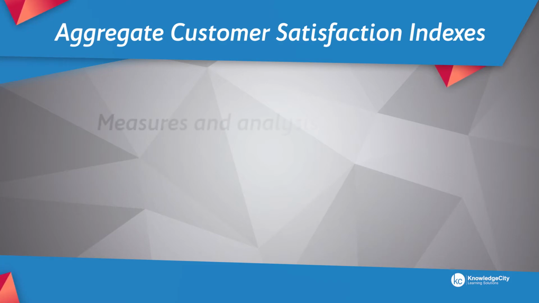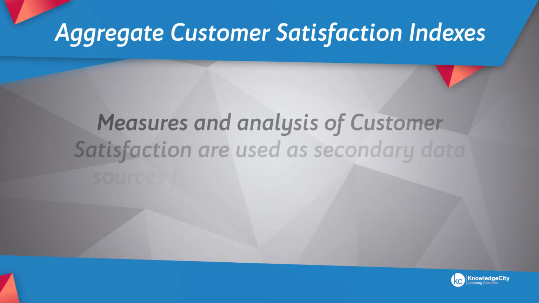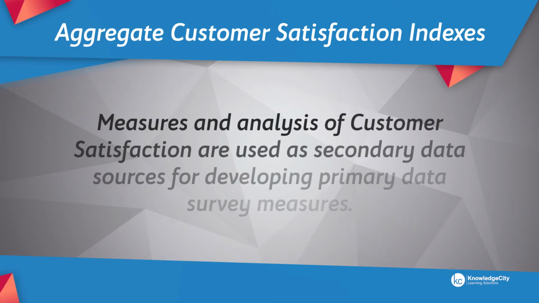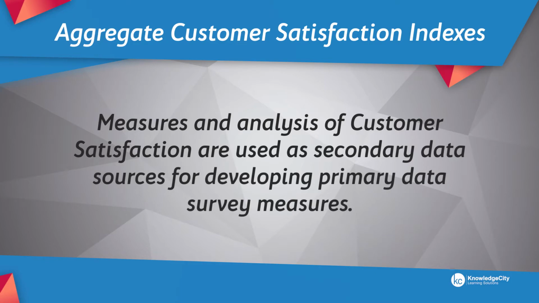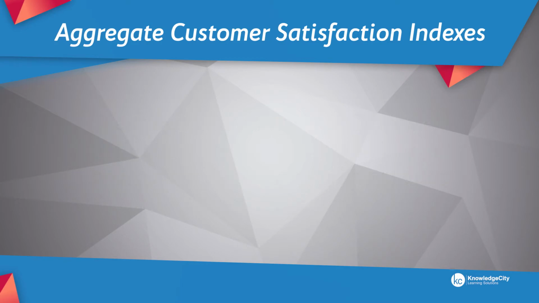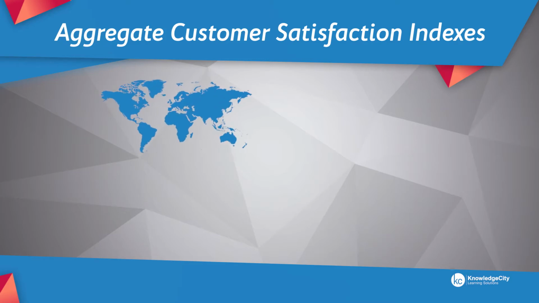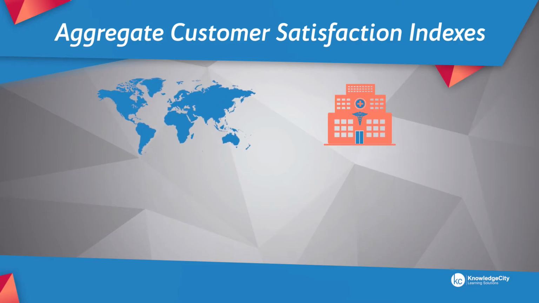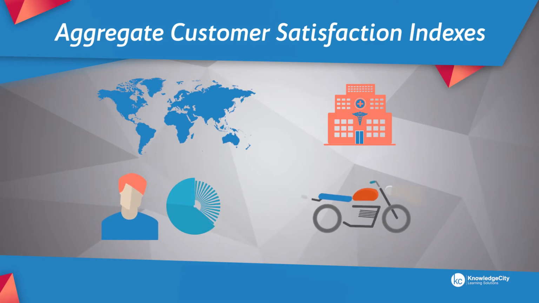Often, aggregate measures and analysis of customer satisfaction are used as secondary data sources for developing primary data survey measures. These widely accessible indexes can aid with comparative benchmark analysis. The areas of measurement include geography, industry, demography, and brand or service category.